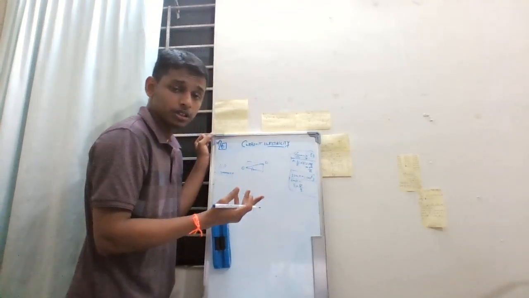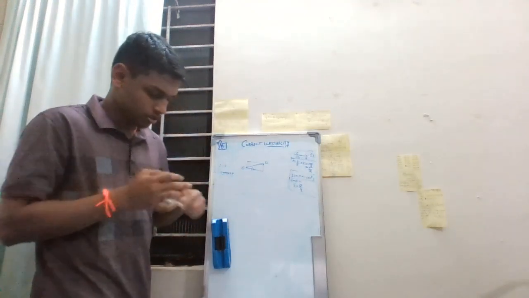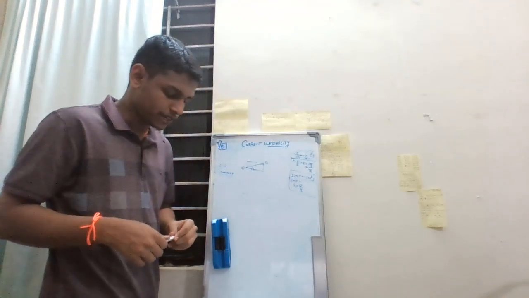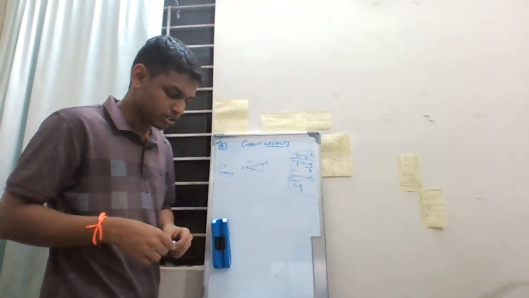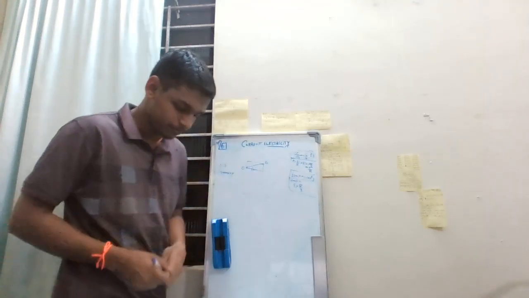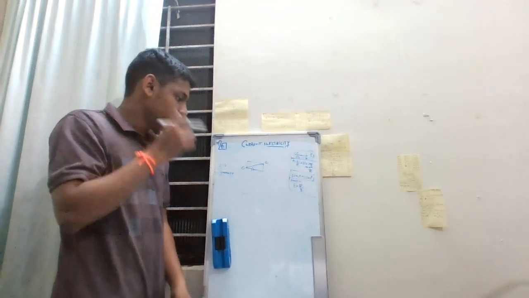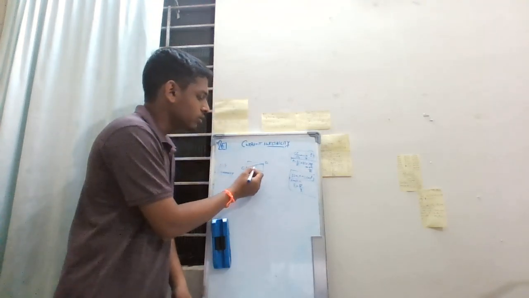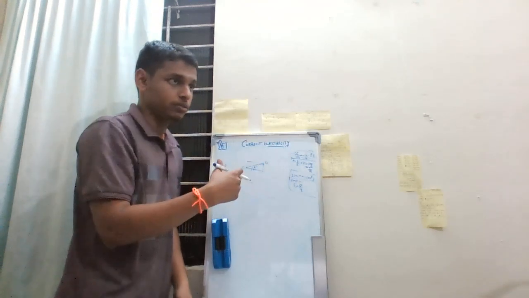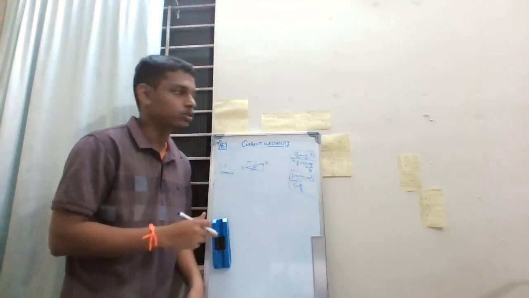It's just called short circuiting when two points are connected by a zero resistance wire, creating VA equal to VB. And if we see, resistance is zero, and the potential across it is also zero.